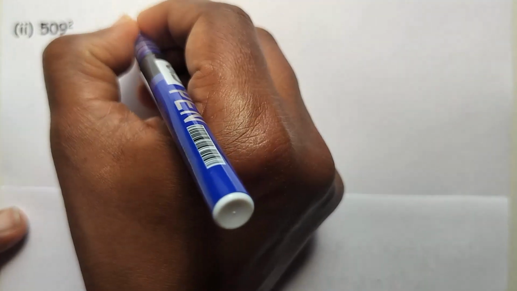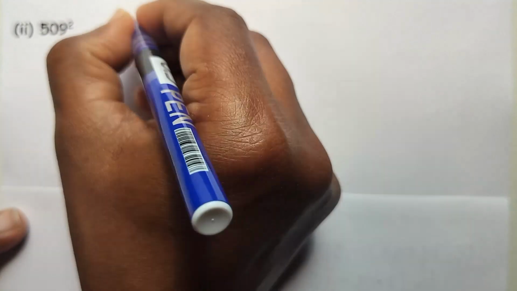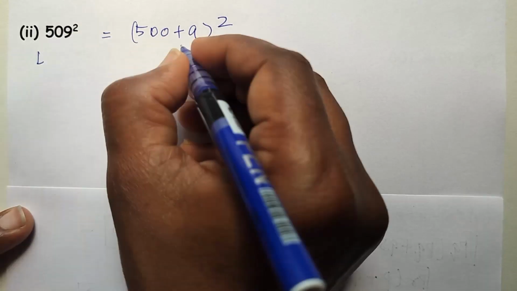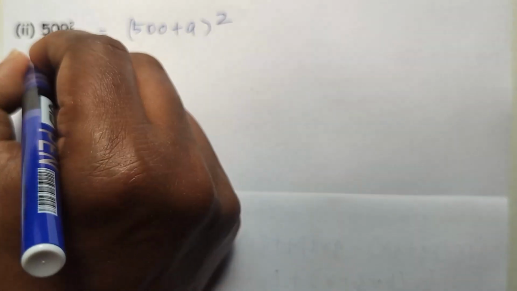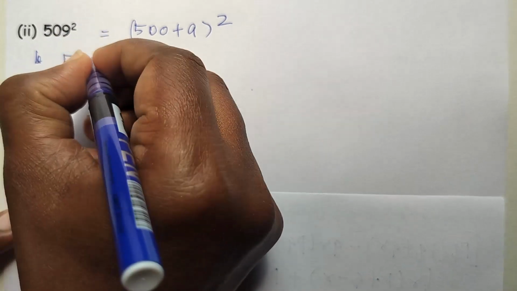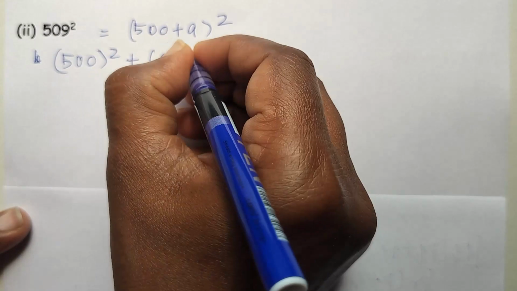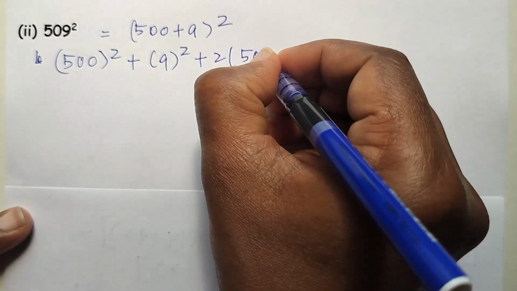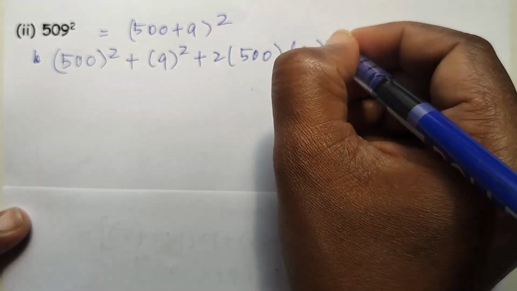So 509 can be written as (500 plus 9) whole square. So it is like (a plus b) whole square. So here 500 square plus 9 square plus 2 into 500 into 9 here.